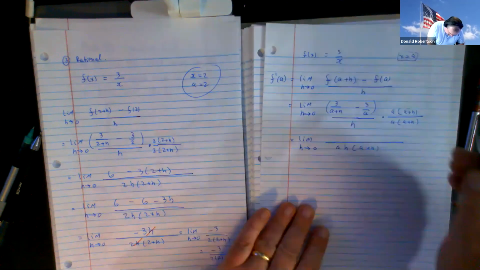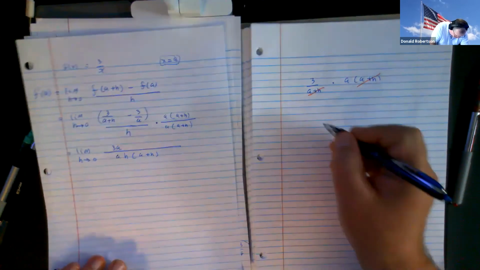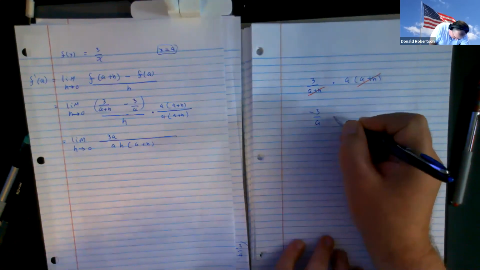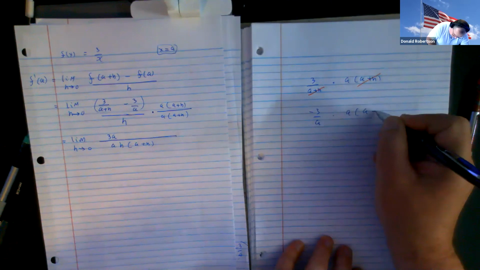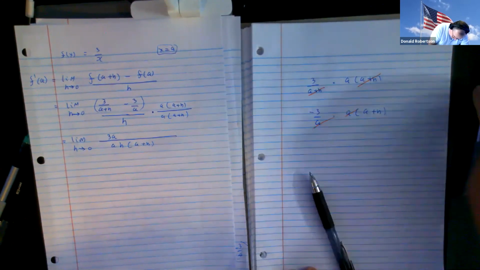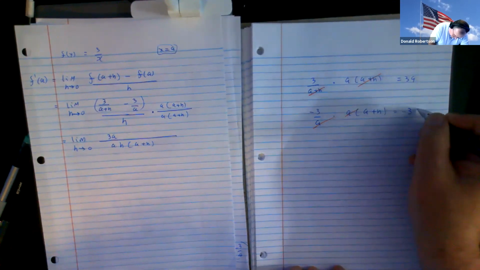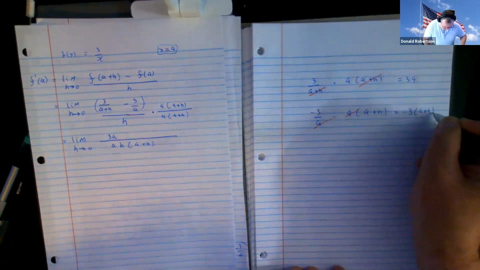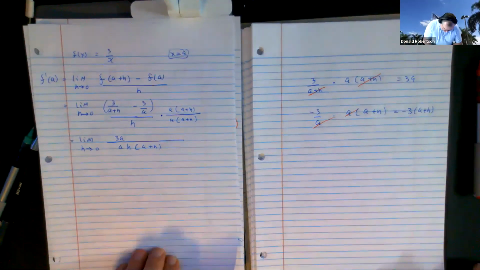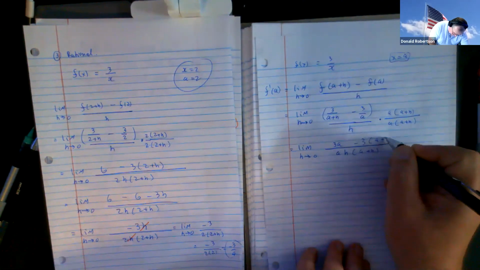So that guy became 3a. And the second one, which is this fella, can you see that in this case, you get the answer -3 times a plus h? So this one is -3 times a plus h.